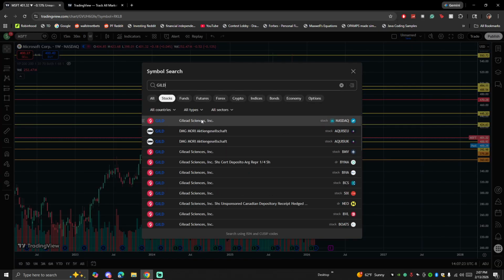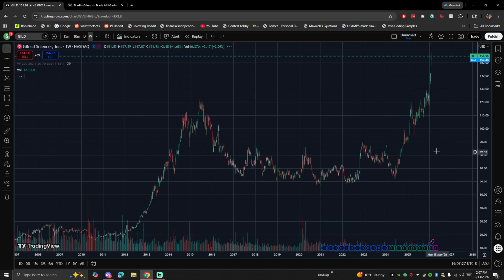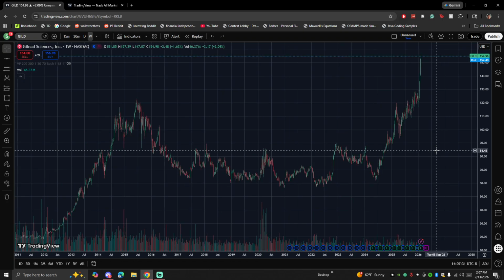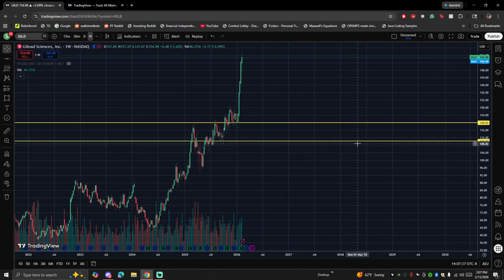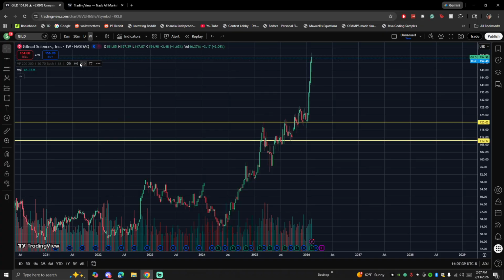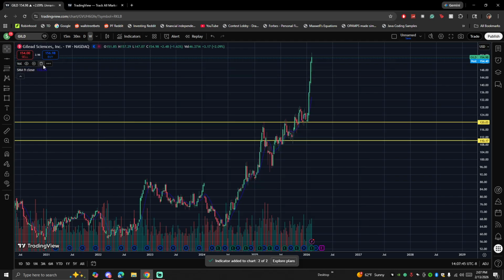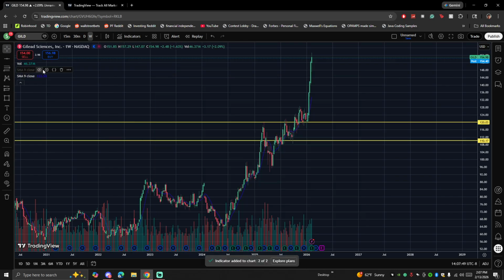GILD, as in Gilead Sciences. So this one is a momentum trade play. And because it is a momentum trade play, I would add simple moving averages here to give me an idea of where I would have wanted to enter for this.